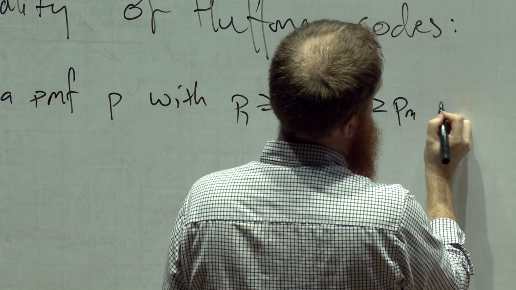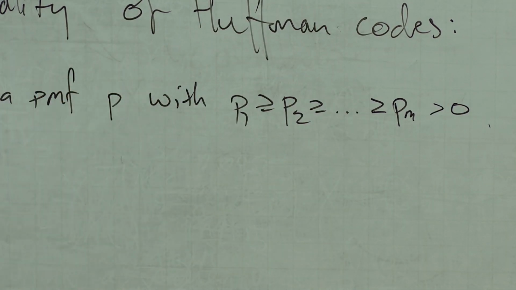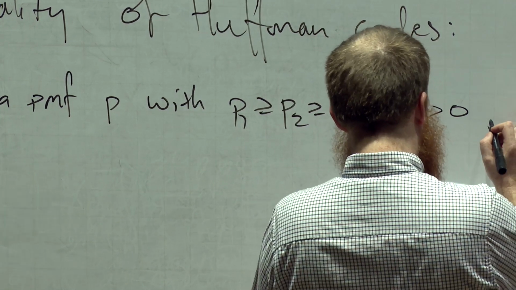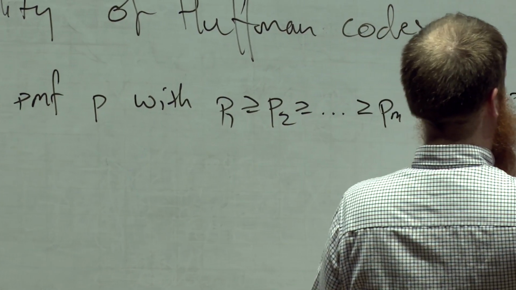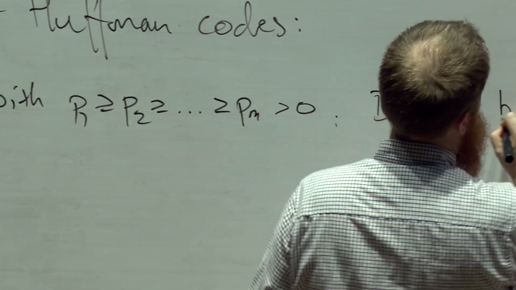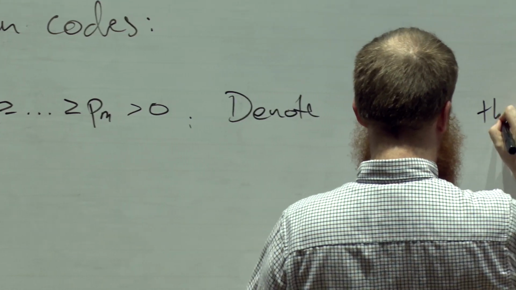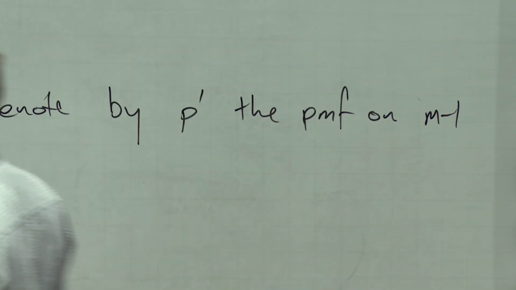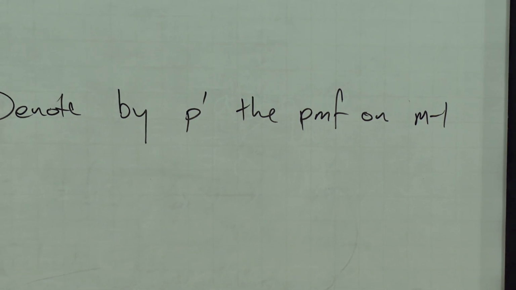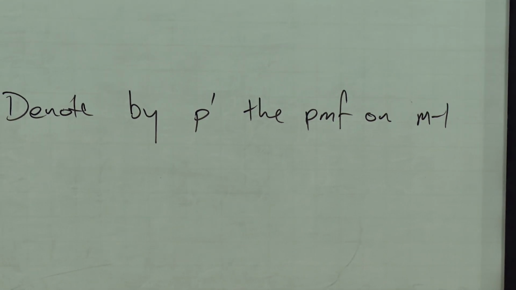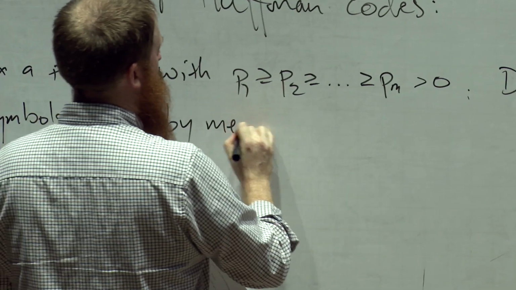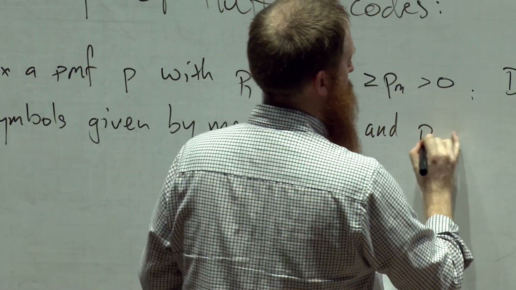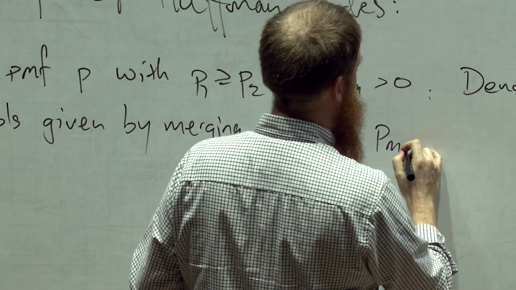And again, I'm going to make it greater than 0 so that I don't have to mess around with trivialities. Okay, denote by P prime the PMF on m-1 symbols given by merging pm and pm minus 1.